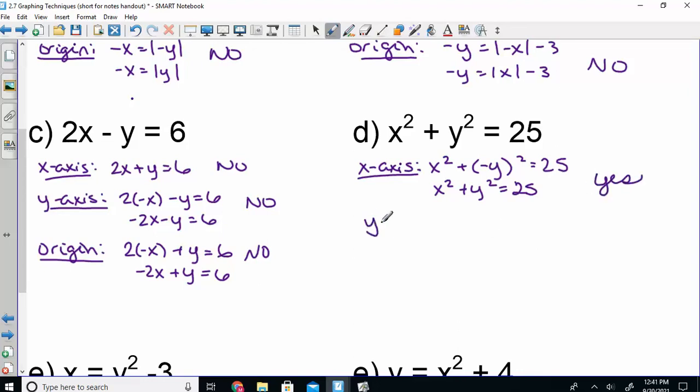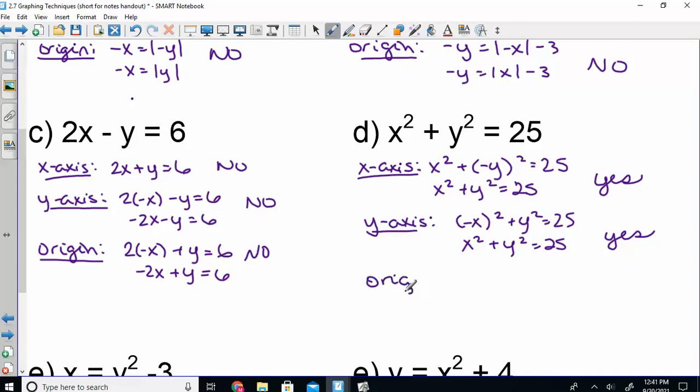Yeah. To check your y, you make the x negative. If you square a negative, it becomes positive. So that one also matches my original.